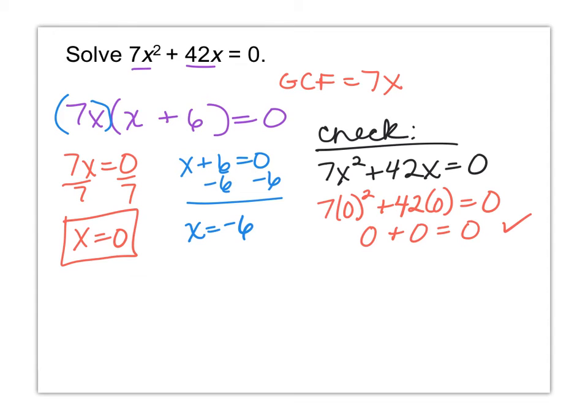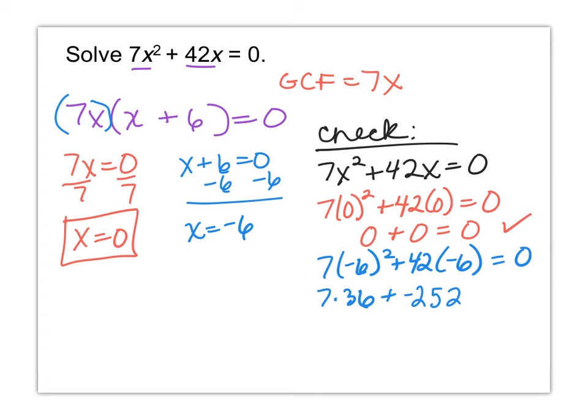Let's check x equals negative 6 by plugging negative 6 in for the x in the original equation. When we do that, we get 7 times negative 6 squared, which is 7 times 36, plus 42 times negative 6, which is negative 252.